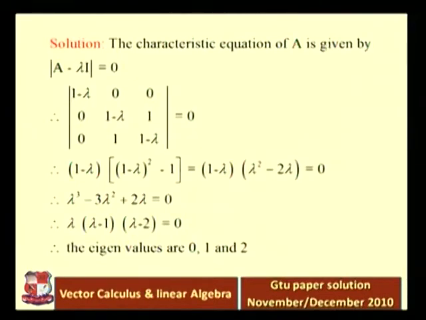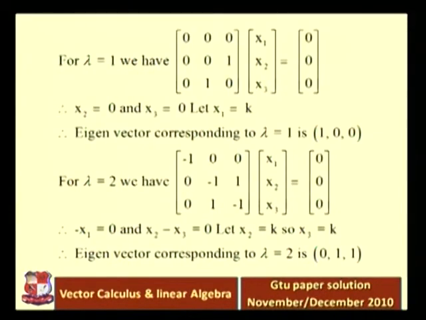You will get 0 0 0, 0 0 1, 0 1 0 into x1, x2, x3, equal to 0, 0, 0. So you will get x2 equal to 0 and x3 equal to 0. We just assume x1 equal to k. So the eigenvector corresponding to lambda equal to 1 is k into 1, 0, 0, that is 1, 0, 0.